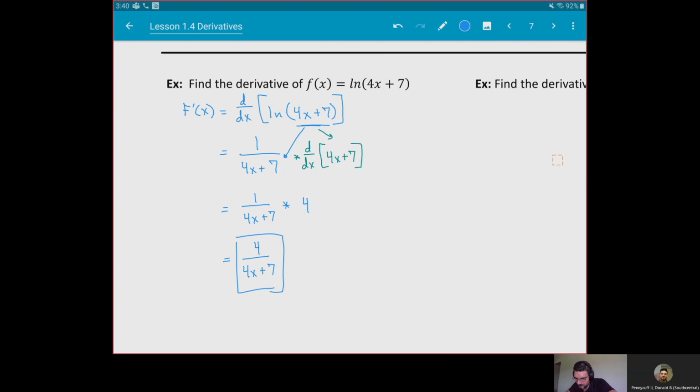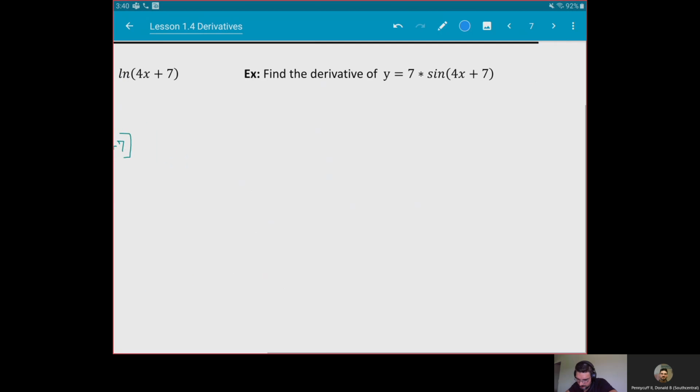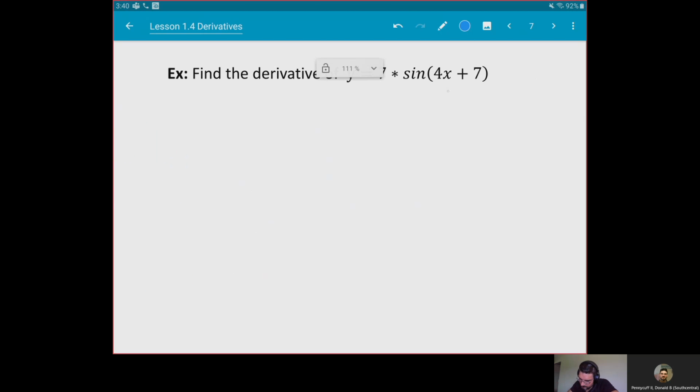Okay. So now let's look at trig functions. Trig functions are the same way. Notice how there's a parenthesis at the end. So that's going to be the integral. Actually, this one's a y. So that's going to be the derivative. Y prime is equal to dy/dx of sine 4x plus 7.